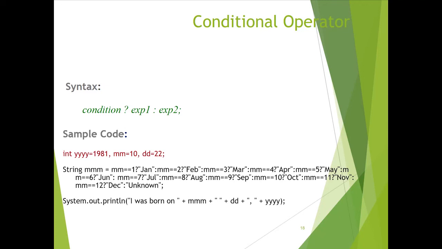As you can see, we have here string mm, m equals 2, mm equals 1, and then we have the condition 1 equals 2. Nakikita nyo naman, no? Okay, what will be the output for this one? Can anyone tell me what would be the output for this one?